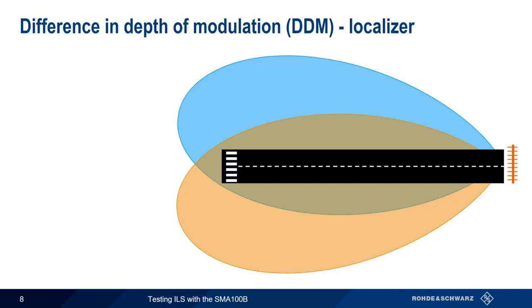Both lobes of the localizer are AM modulated, the left lobe at 90 Hz and the right lobe at 150 Hz. The modulation depth of each lobe is different depending on our position within the lobe. On the runway center line, both lobes have the same AM modulation depth of 20%. As we move to the right of the center line, the AM modulation depth of the 150 Hz lobe increases, and the AM modulation depth of the 90 Hz lobe decreases.